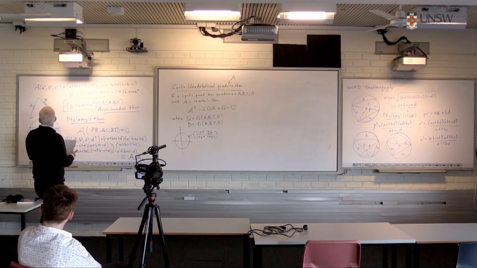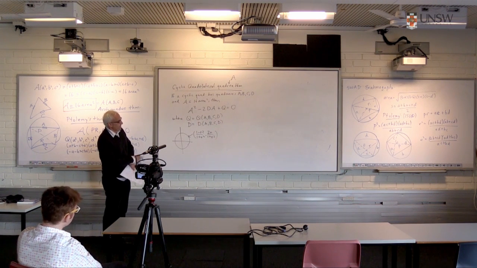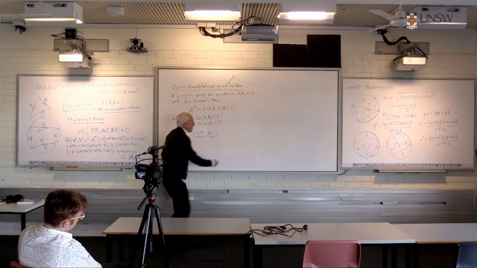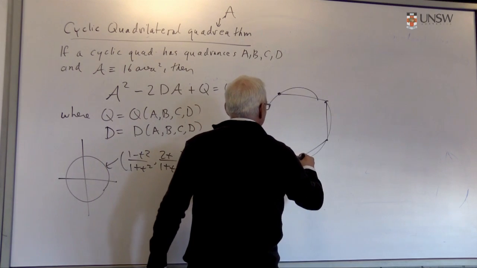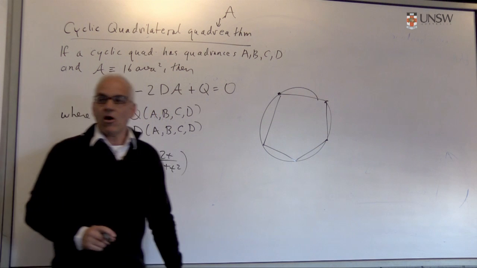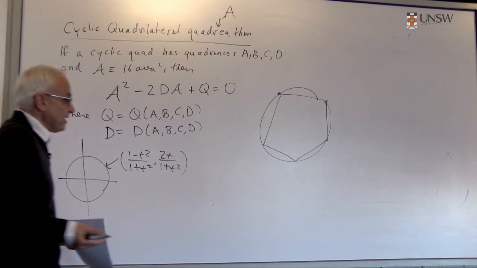Okay, so I have just a few more minutes, so I'd like to mention the fact that the problem of what happens for the cyclic pentagon was unsolved for about 1,400 years. Naturally, people asked, what's the area of a cyclic pentagon in terms of the sides?